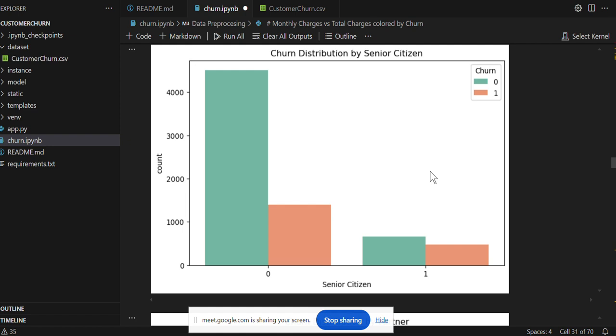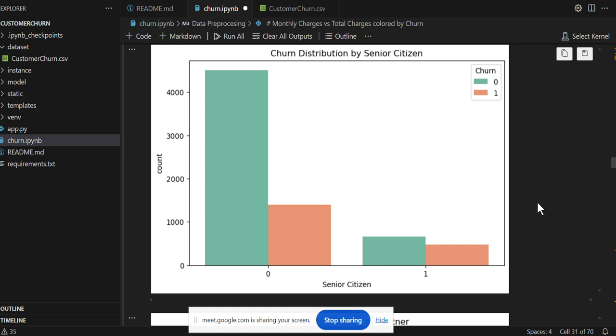For the total record, if you look at the class of 0, that is not a senior citizen, then the total record for no churn is around 4,000 plus, and for churn around 1,000 plus. That is the first bar.